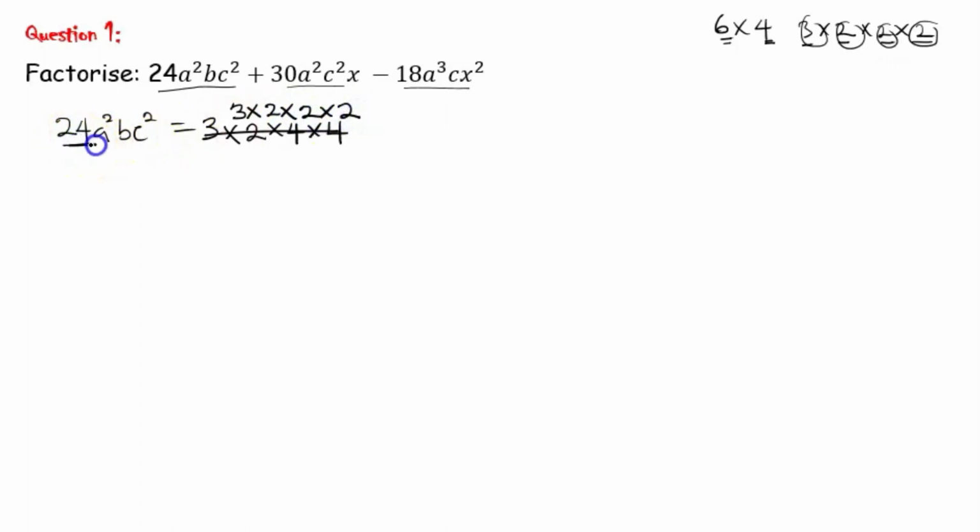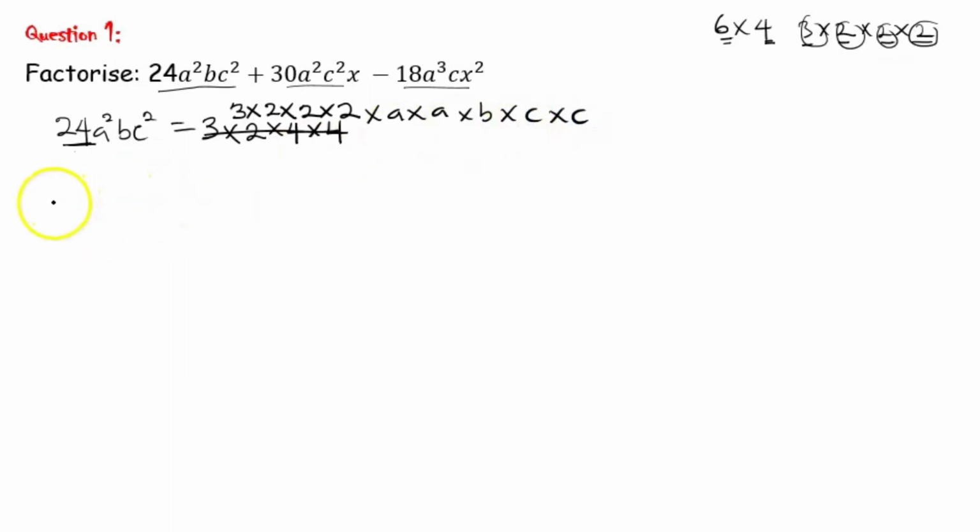Very important: by the time you multiply all this together, you must be able to get 24 back. When you don't get 24, that means you have made a mistake. Then we have a squared, which is simply a times a, then b, then c squared, which is c times c.